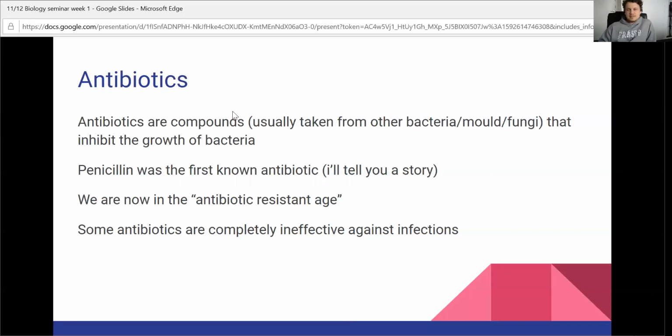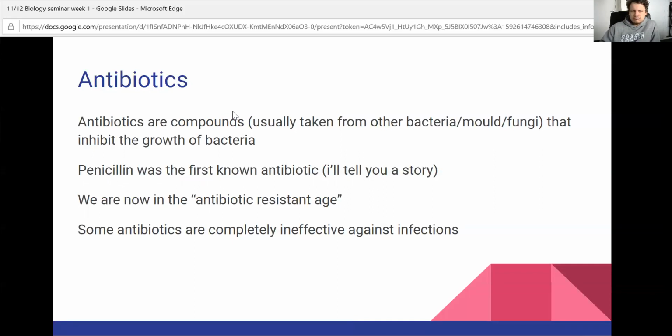But he left his experiments with mould. He was doing some kind of bacterial experiment. And he came back and he saw mould spores on his plates, and he thought, oh, that's not good. But what he also saw was a ring around the outside that was completely free from bacterial growth.